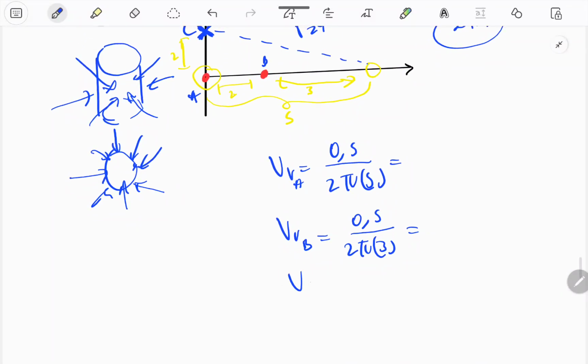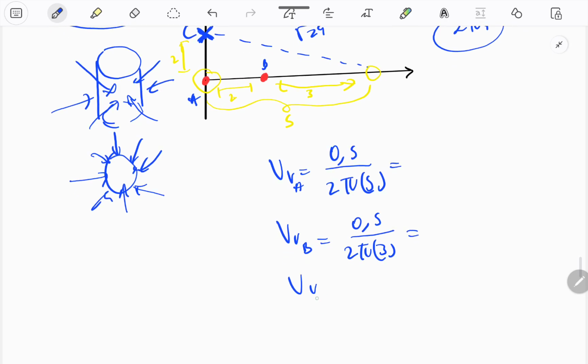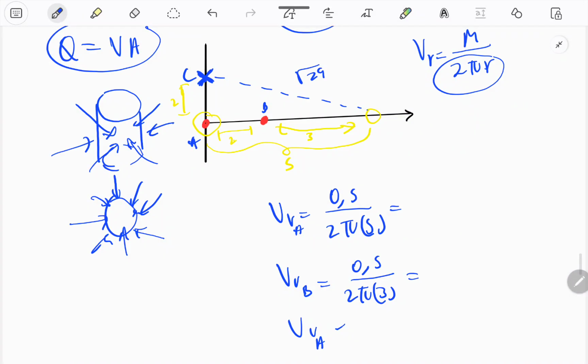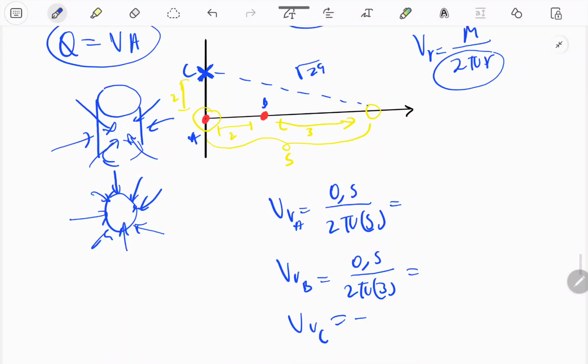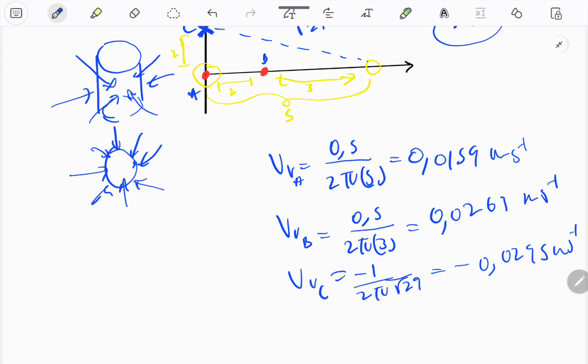And then v_r by C is a sink, so it should have some negative, 1 all over 2 pi. The distance is root 29. Then I'll compute all these values. Let me get my calculator. So after computing, I got these values. I hope that I didn't make any mistake.